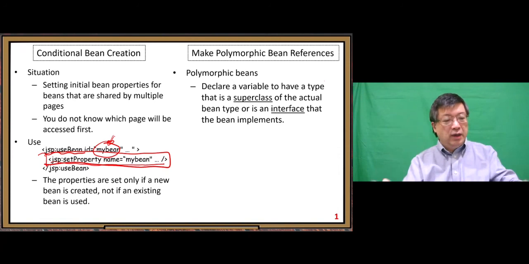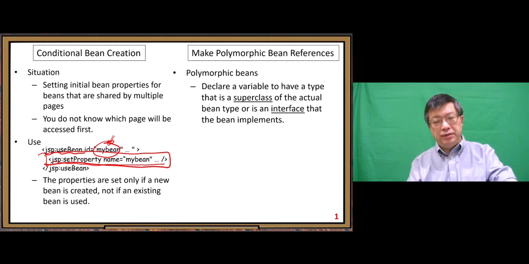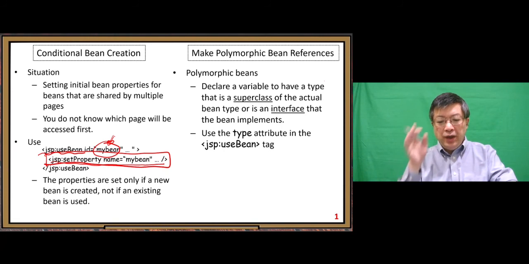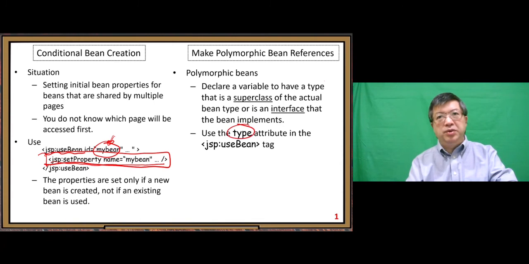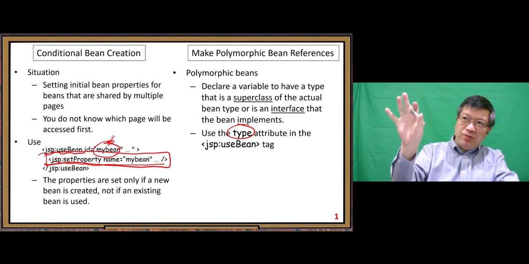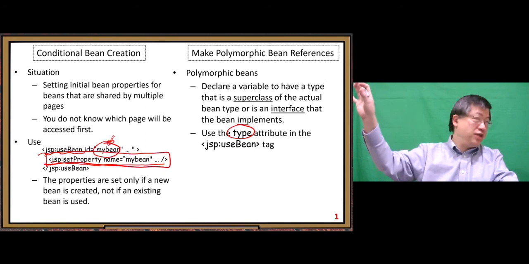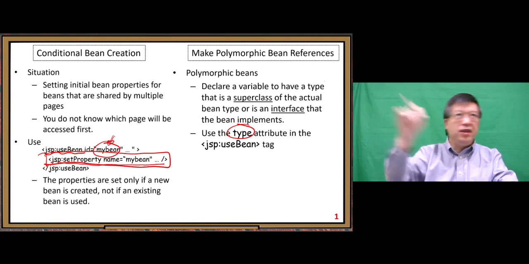All right. So now, let's see how to handle this case. Use the type attribute in the jsp:useBean tag. A new attribute. This time, the type attribute: the superclass or interface name, we specify in the type.